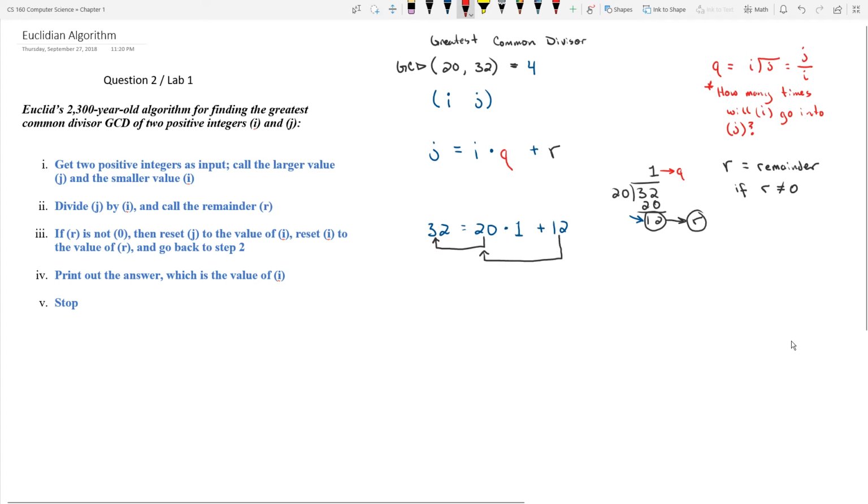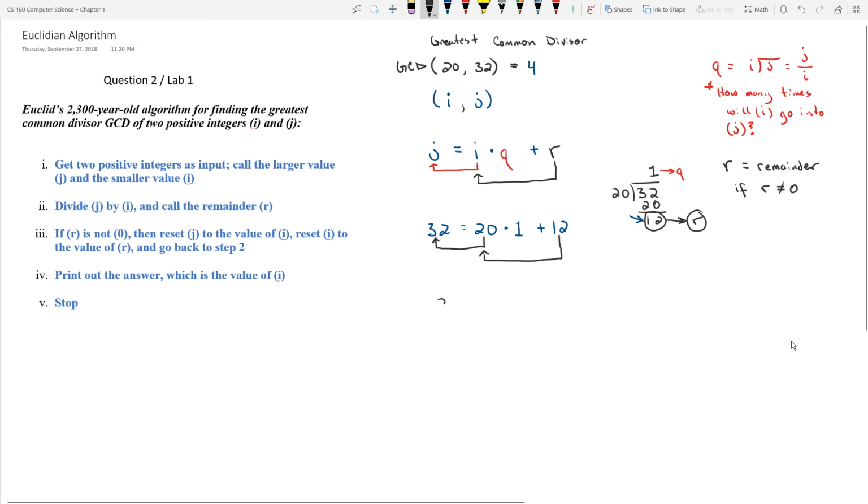We are moving I into the position J, and we are moving R, the remainder, to the position I. Let's see that in motion. 20 is going to take the place of 32.